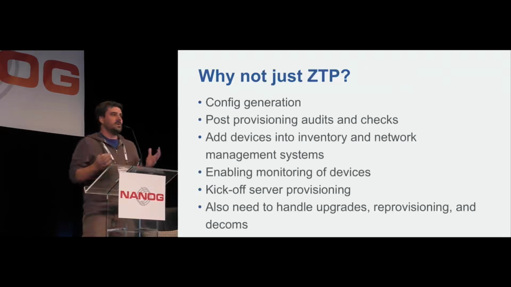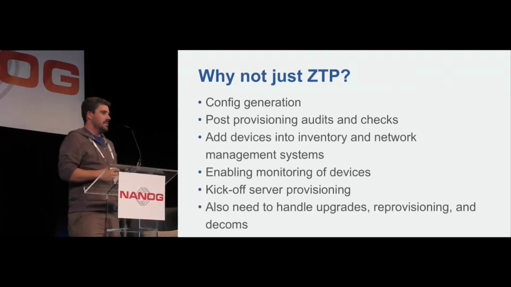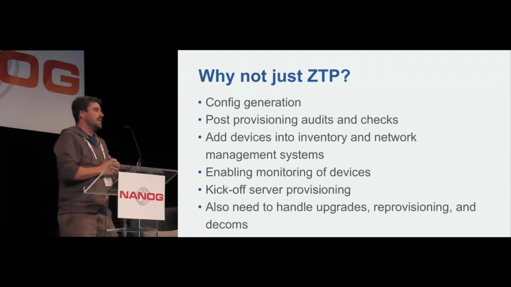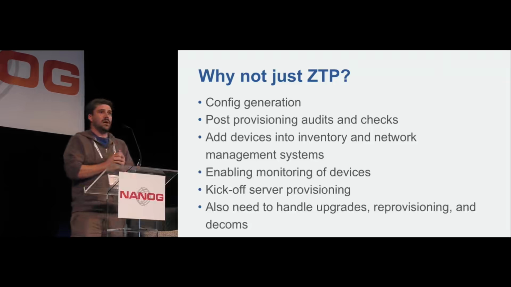I'm sure everybody out here is asking yourselves, why not just use ZTP, right? ZTP just solves this problem for you. Most of the vendors now have pretty good support for it, so it should just work, right? Well, the problem is, ZTP is the right base to base your provisioning automation on.